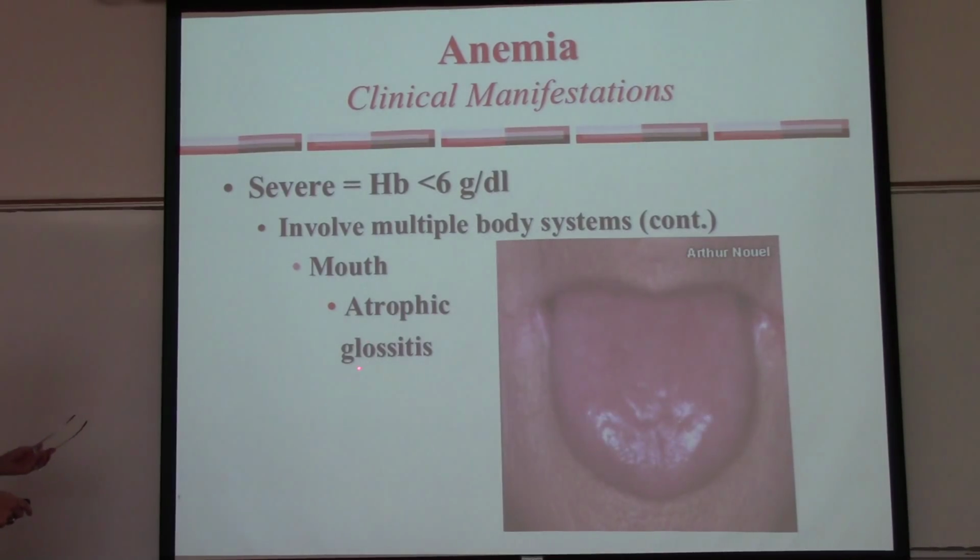So the atrophic glossitis is kind of inflammation, but glossy is kind of smooth. It's a glossy smooth tongue. And this is due to iron deficiency. So if the patient is profoundly anemic because they're bleeding out, they're not going to have this. Make sense? Because this is related to something that would be more of a chronic nature.